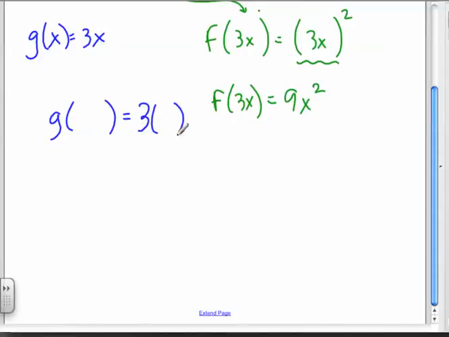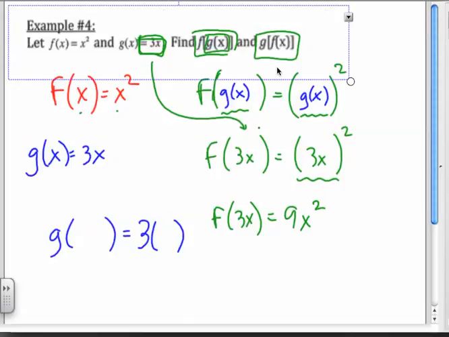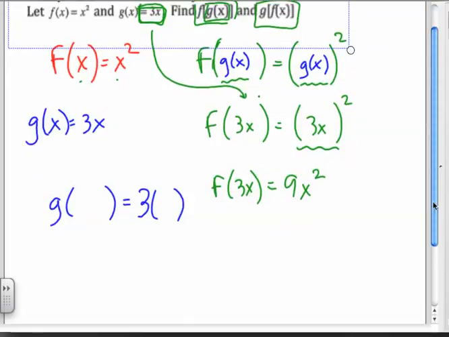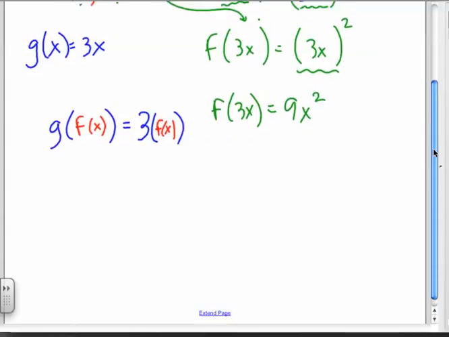What did they replace x with in the problem that they want us to solve? f of x. So I'm going to put f of x in here. But that's just the name of the other function that they want us to plug in. What does that function actually equal?